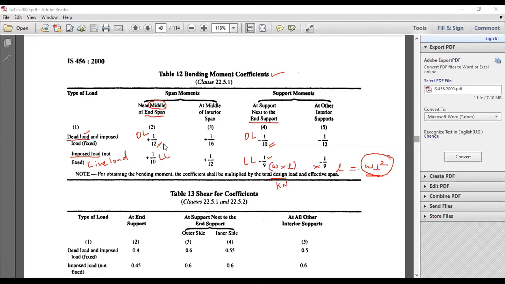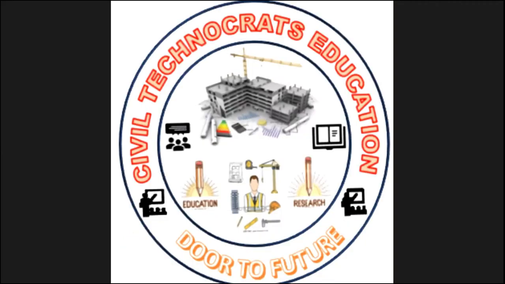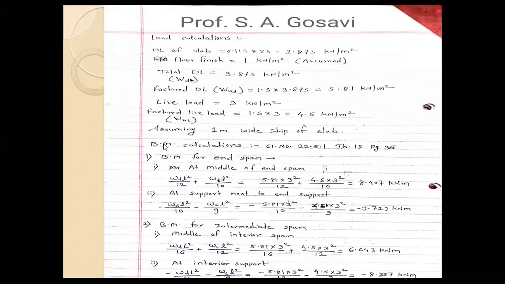Now we will move to our slide again and see how this is taken into consideration. For the bending moment at the middle of the end span, I have already told you WL square is the common multiplying term.